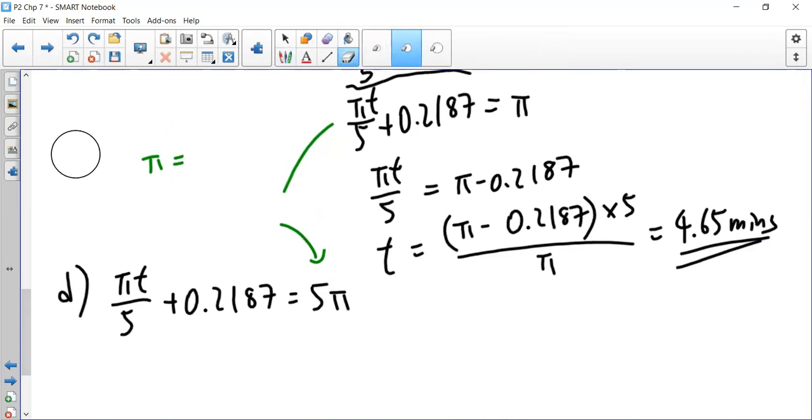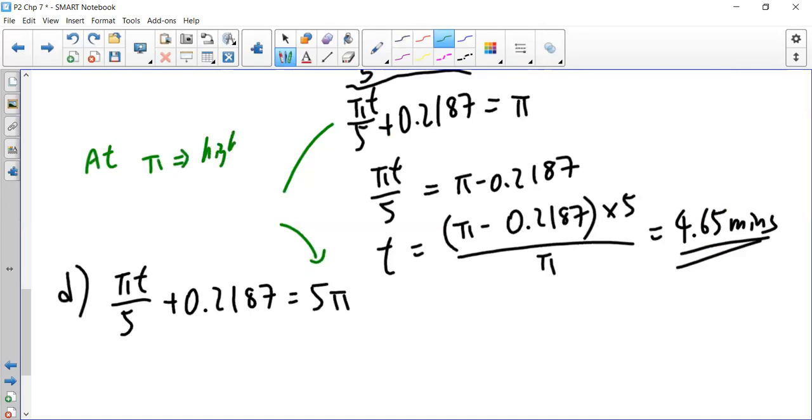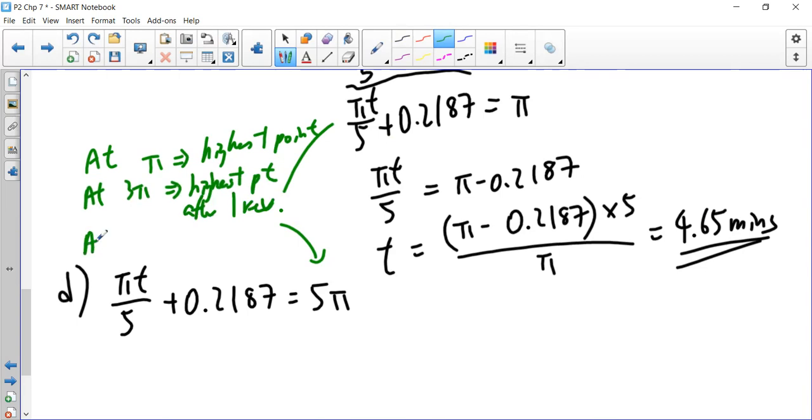At pi, that's the highest point. At 3 pi, highest point again, but after 1 revolution. At 5 pi, it's the highest point again, but after 2 revolutions.